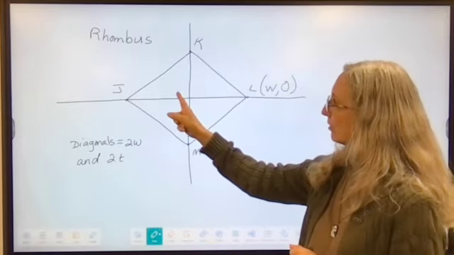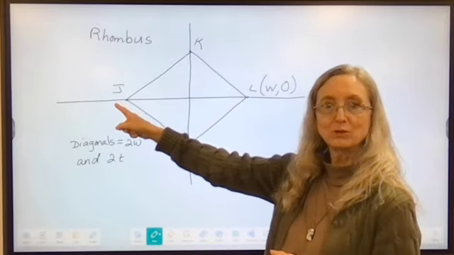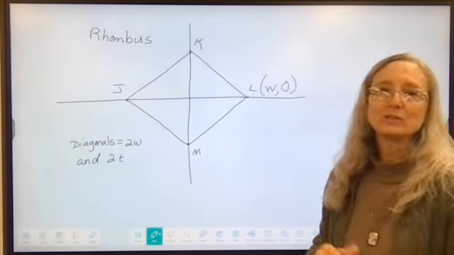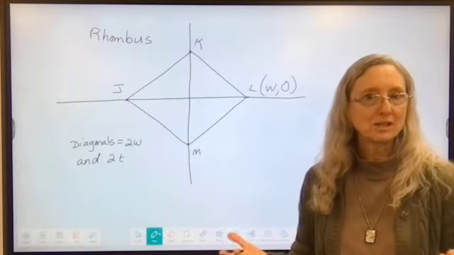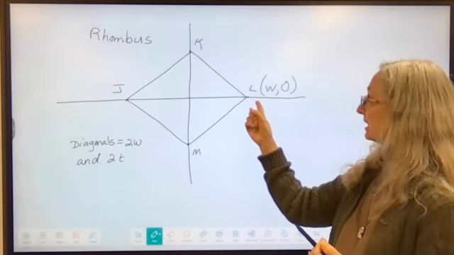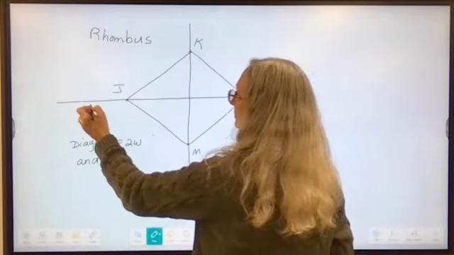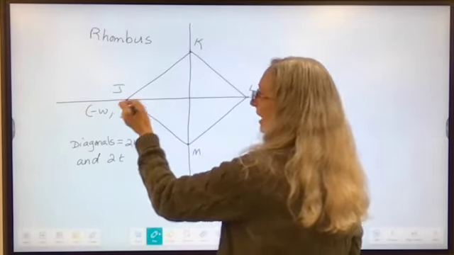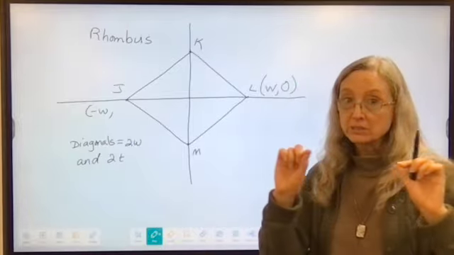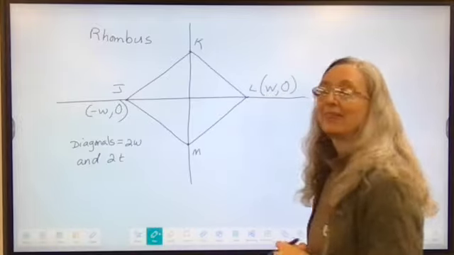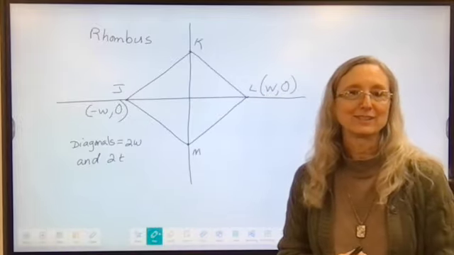So from 0, I'm going to go a length of W to the left. So that distance is going to be negative W, right? Whatever this length is, this is going to match it. So that's negative W. And I'm not going up or down at all. I'm still on the x-axis. So my y-coordinate is 0, and that's the coordinate of J.